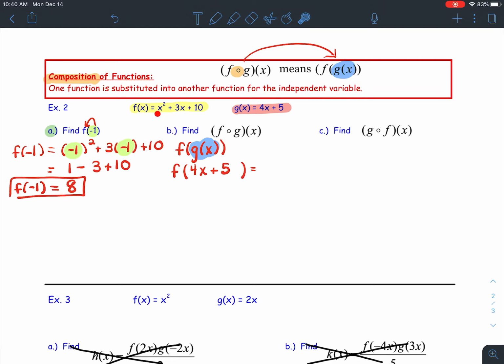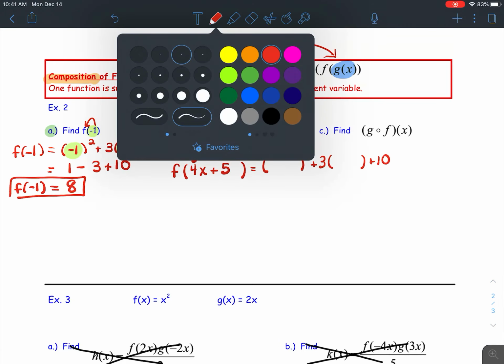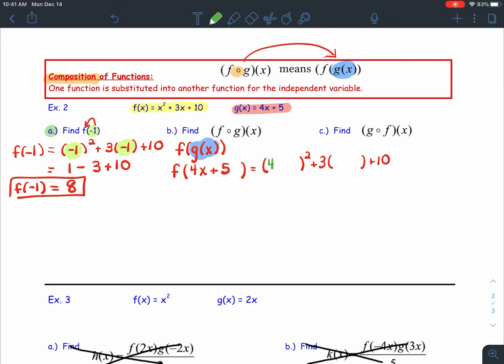So I like to write out equation F, but every place that you see an x, you're going to place maybe a larger set of parentheses, because what we're going to be substituting in is something a little larger than just a -1. Okay? You'll notice what I have written here is function f, but parentheses where the x's are. Okay, now in for those parentheses, you're going to substitute a 4x plus 5 in for each of those.